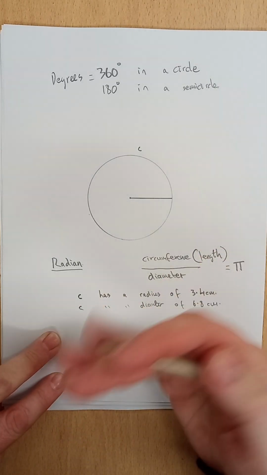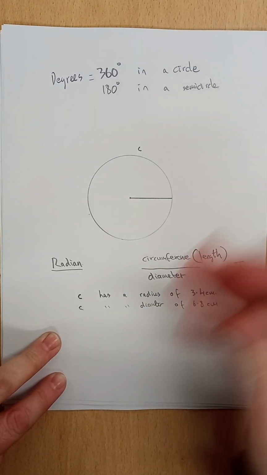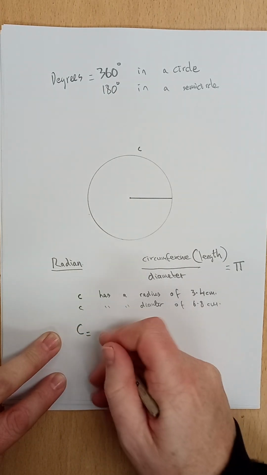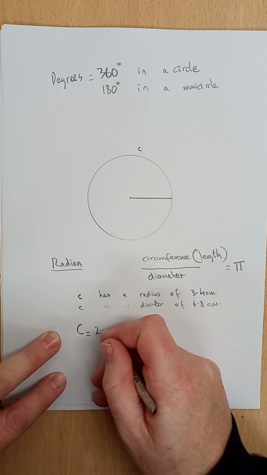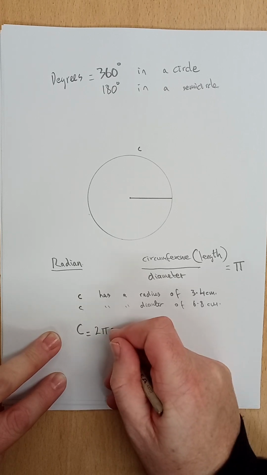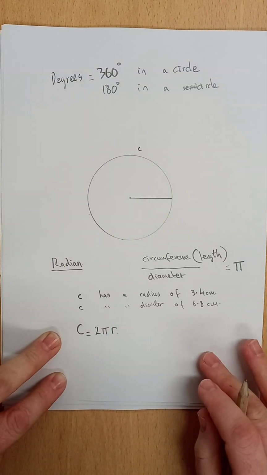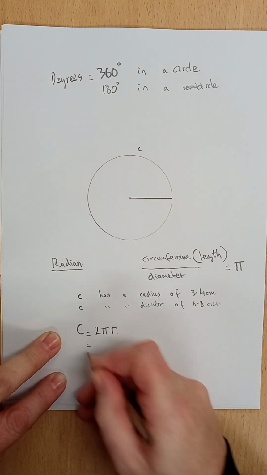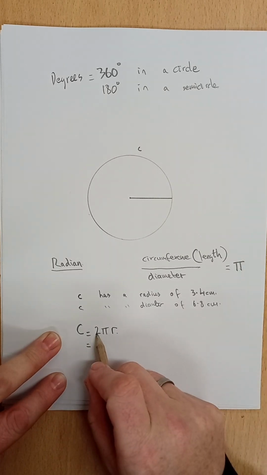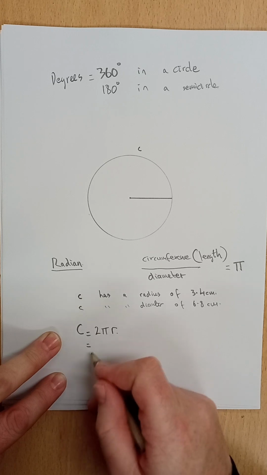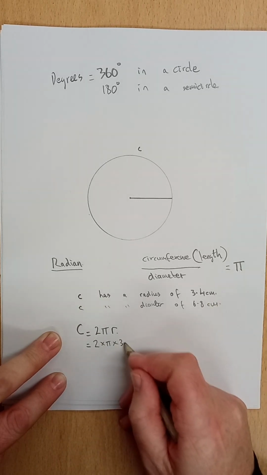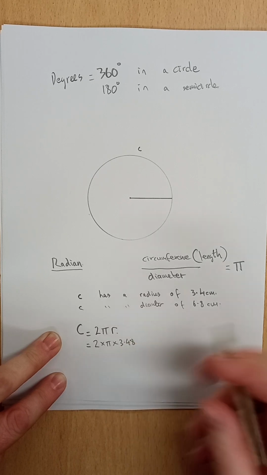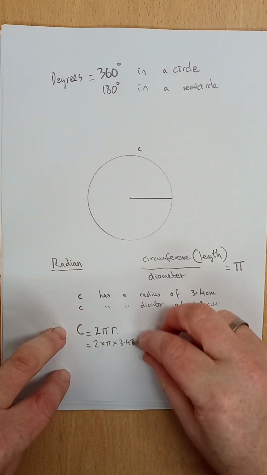Now, let's get the circumference of this circle. The circumference is equal to 2 pi r. So the circumference of this circle is 2 multiplied by pi multiplied by 3.4. Apologies, I said 3.48 earlier, there's no 8 there.